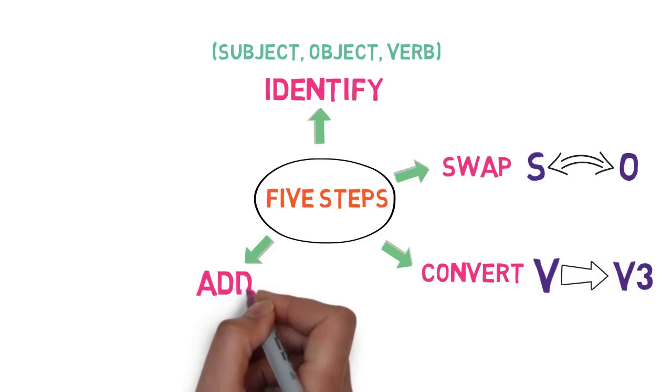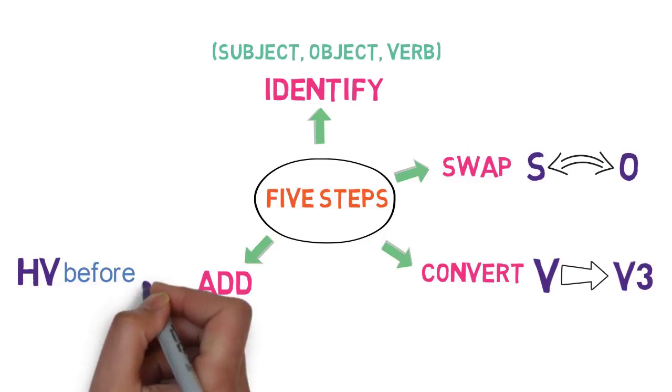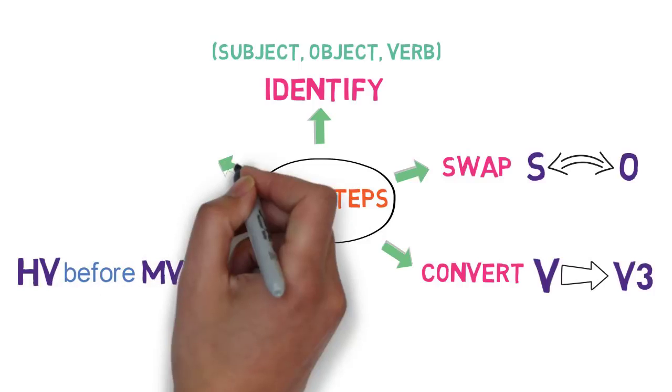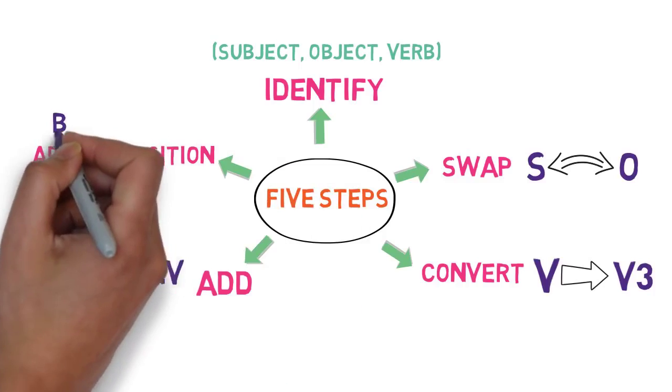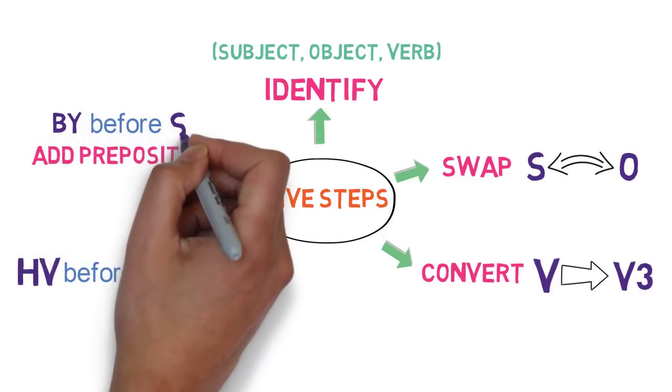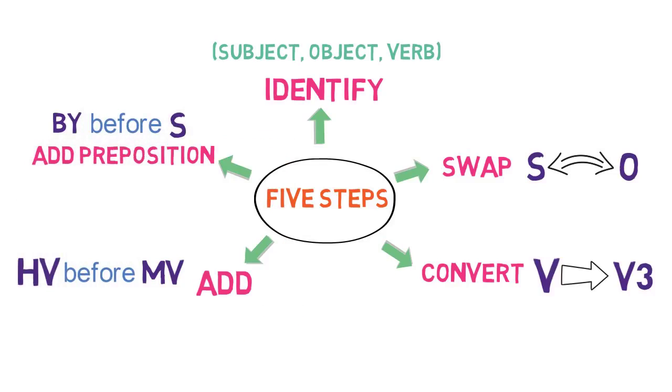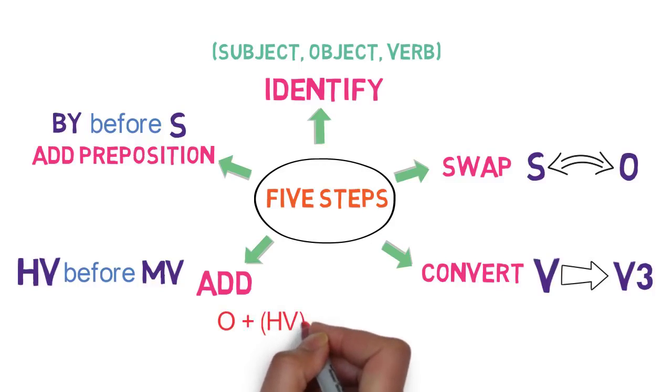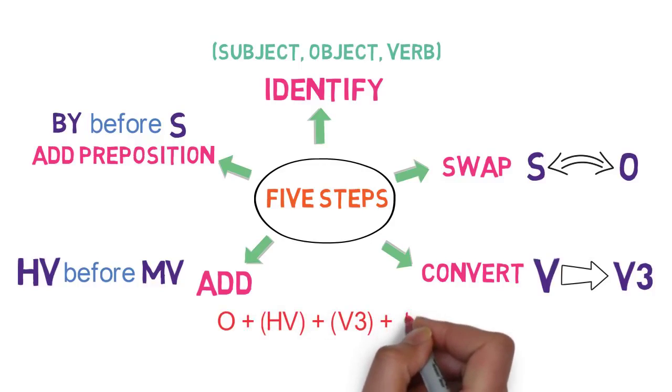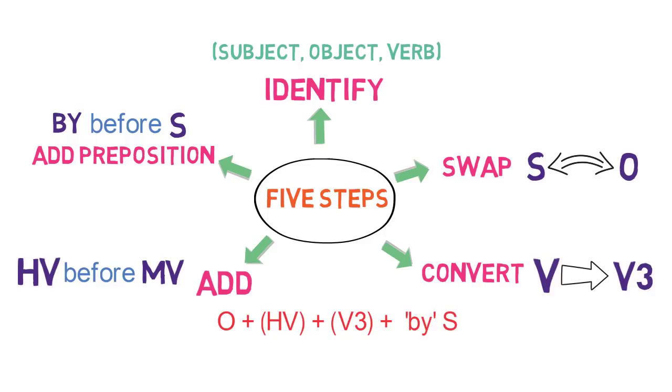Fourth, add a proper helping verb of to be before the main verb. And fifth, add the preposition by before the subject. So at the end, the sentence structure of passive voice is object plus helping verb plus verb's third form plus by and then subject. These are the simple 5 steps which we need to follow.